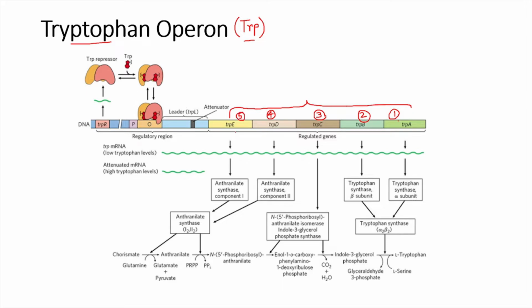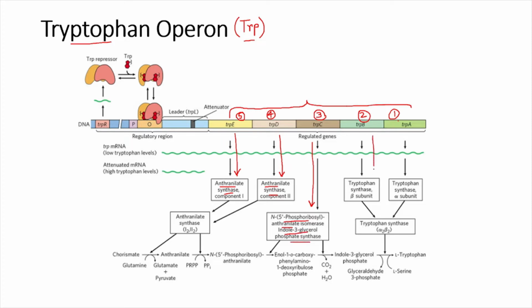If you see, the trpE structural gene codes for the intermediate anthranilate synthase component 1. Likewise, the trpD structural gene codes for anthranilate synthase component 2. The trpC structural gene codes for the intermediate N-(5'-phosphoribosyl)anthranilate isomerase and indole-3-glycerol phosphate synthase.